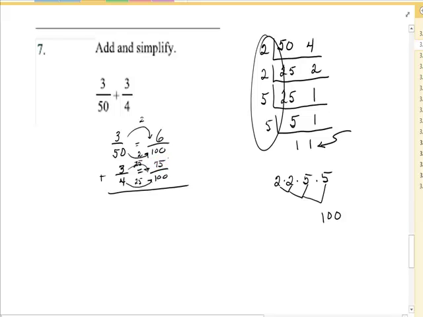That got a little crowded. So I keep the denominator of 100. I add 6 and 75 for 81. There is no common factor between 81 and 100, so that is my answer, simplified, or sometimes called lowest terms.